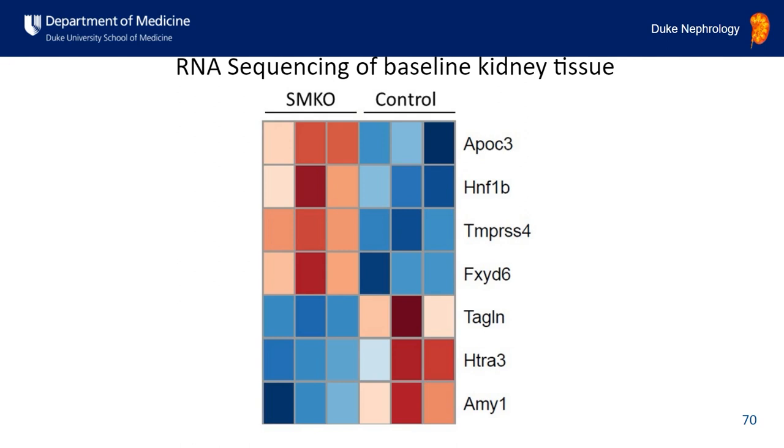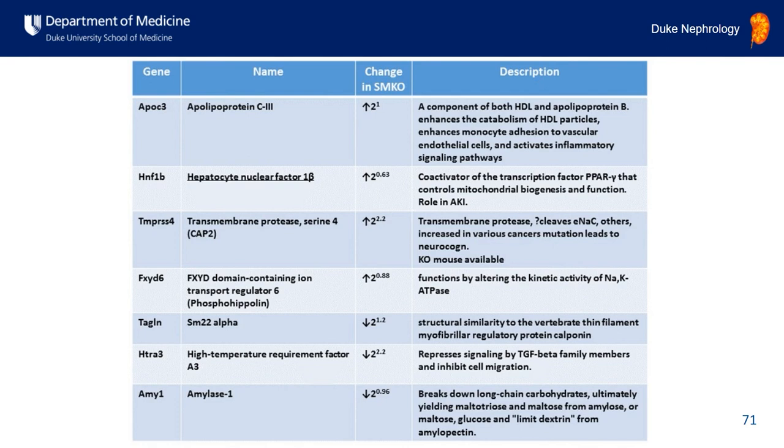And so we really started focusing on FXYD6. I'm not sure if I have the data for that here. Here we go, FXYD6. Yeah, it functions in altering the kinetic activity of the sodium-potassium ATPase. So it almost is like a cog in the wheel, if you'd say.